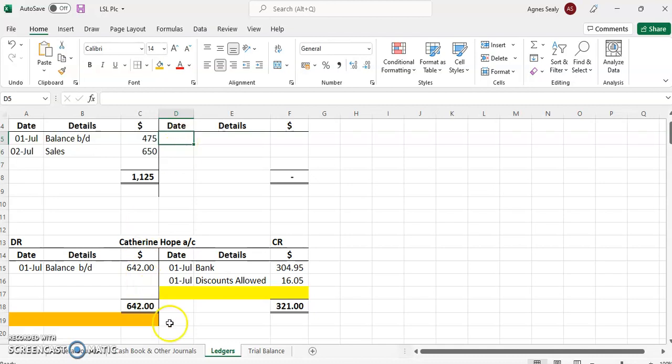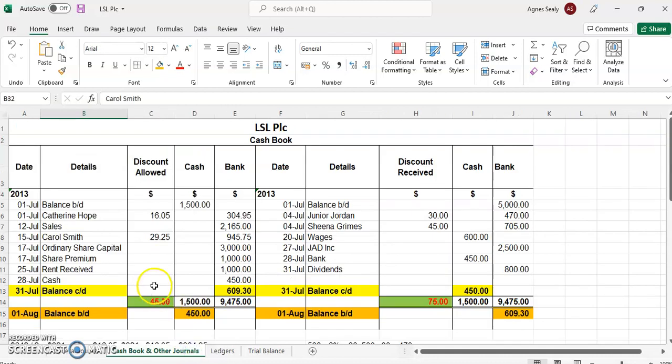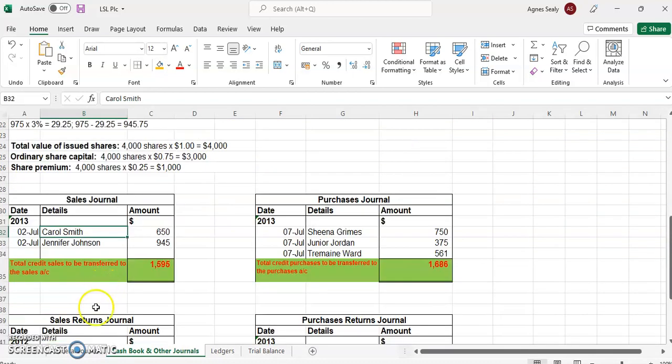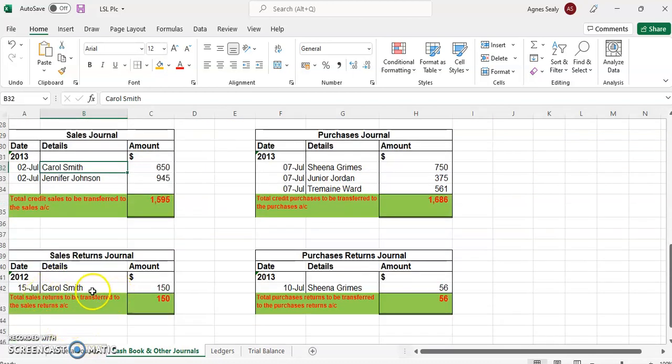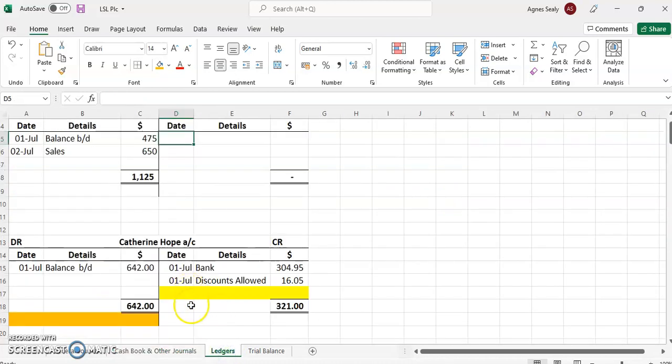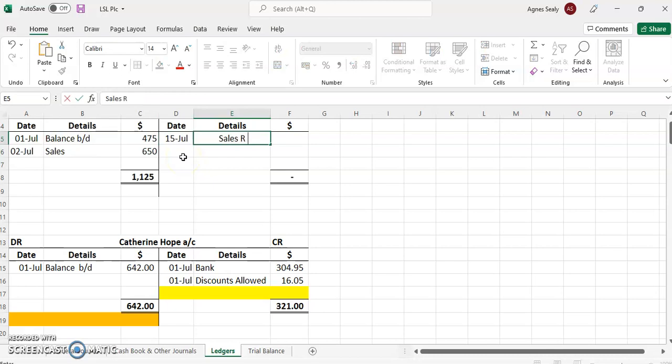And also we would have had, with respect to Carol Smith, when she made this payment on the 15th, she would have also returned items. So before she actually made the payment to LSL Plc, she would have returned $150 worth of goods. So we're going to record that as well. So the 15th of July, sales returns, $150.